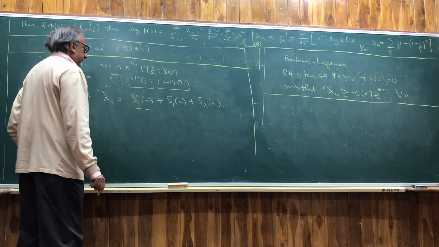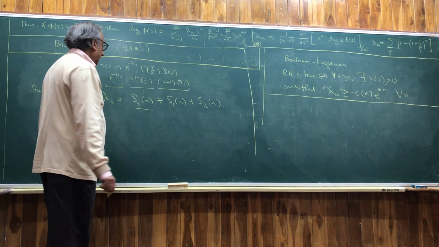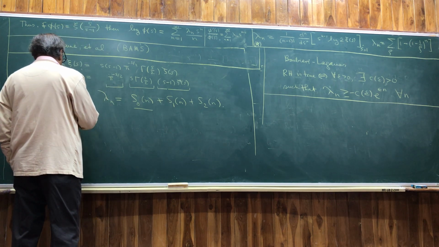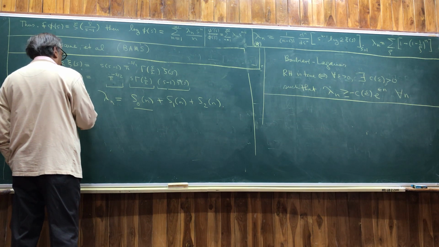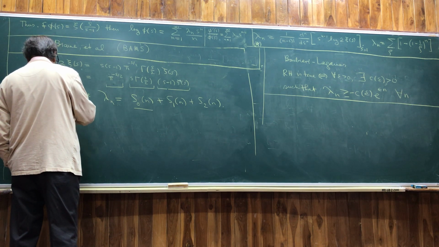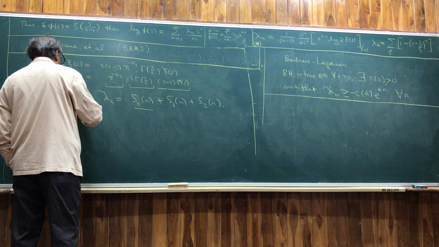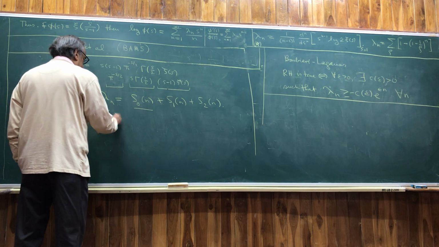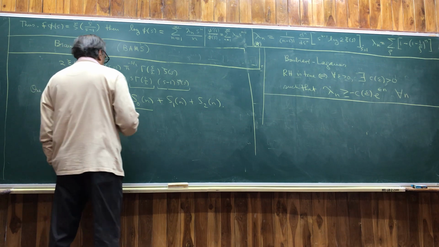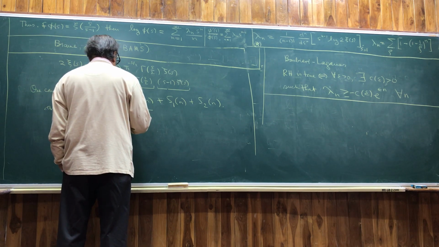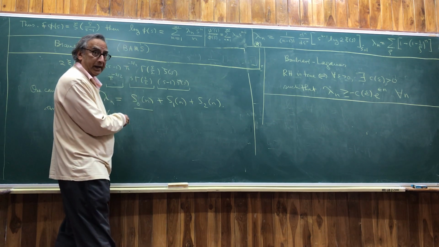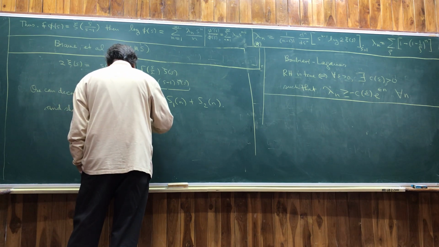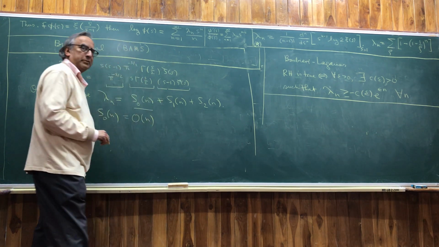And that seems to be the mystery piece, because one can decompose this and show that S0 of n is, well, you can actually explicitly write it down. Whatever it is, I can just put O of n down.